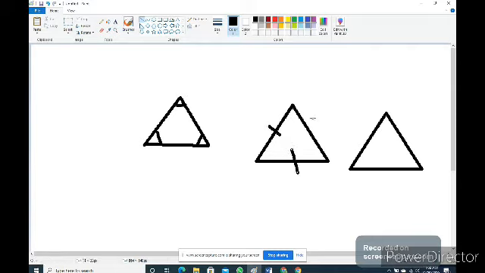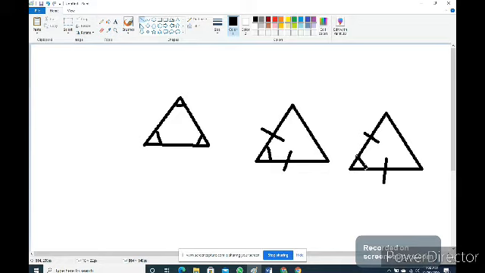Now when we are given two sides and the angle between these sides, at that time also the triangles are said to be congruent, but with a different criterion: side, angle, side. First criterion is SSS, which is side, side, side. Second criterion is side, angle, side, SAS.